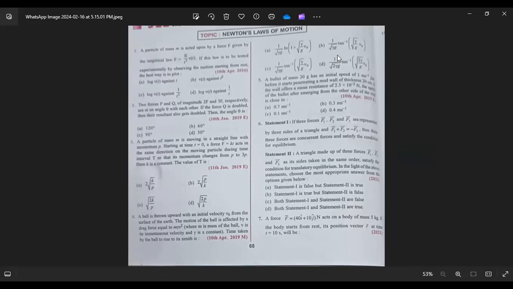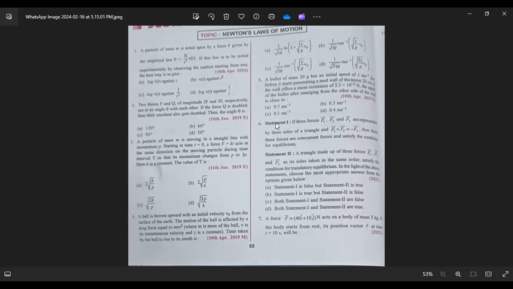First of all, you know about Newton's laws of motion. There are three laws. When the object is at rest or in motion, unless we apply an external force, the object does not change its state. That is called Newton's first law.